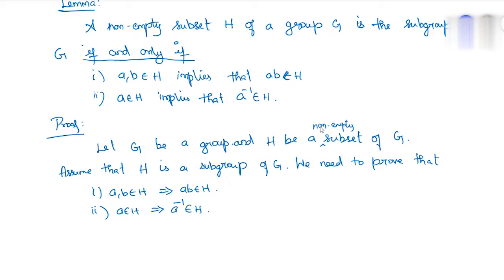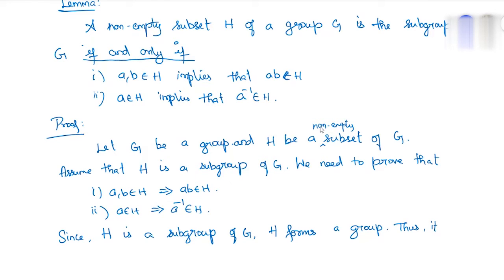But since H is a subgroup of G, all the four conditions will be satisfied. Since H is a subgroup of G, H forms a group under the same operation of G, thus it satisfies all the four conditions.